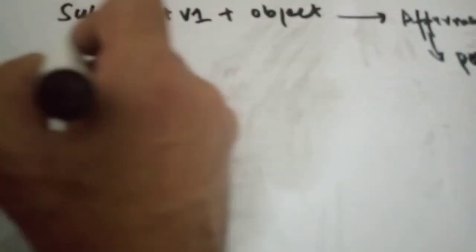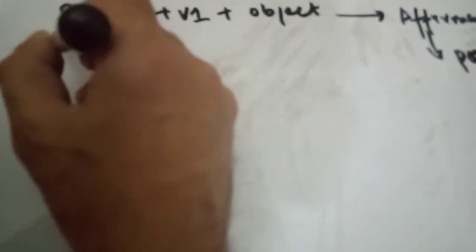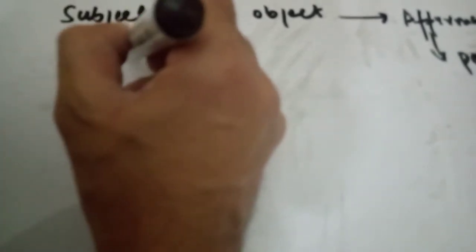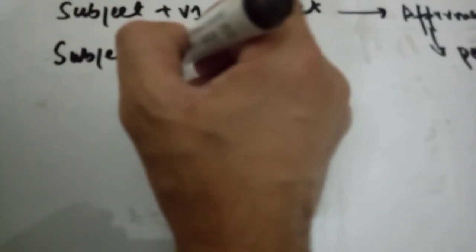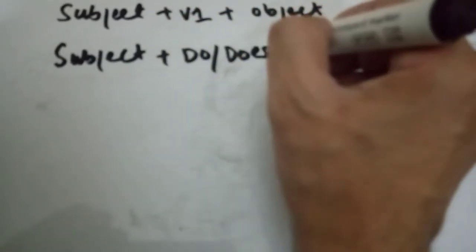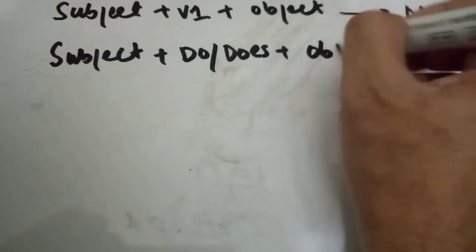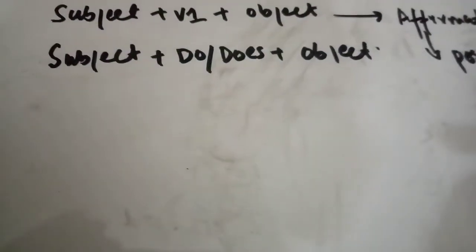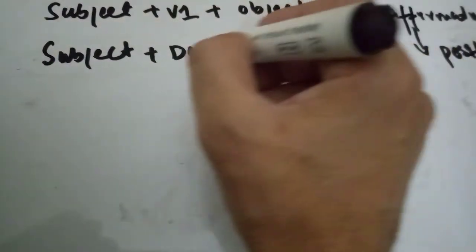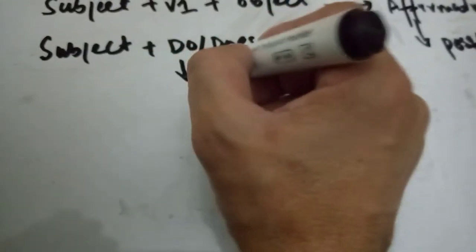If you'd like to make negative sentences, the structure is subject plus do or does, and then there should be not with these two, does not and do not, and then object.